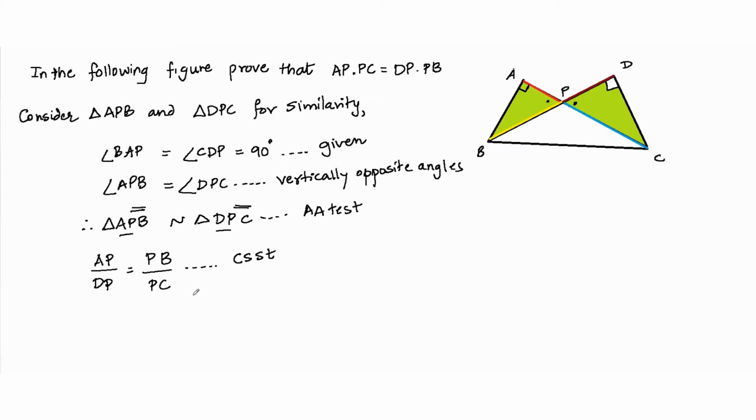Based on what the question demands, you will have to choose the right combination of the ratios that you should pick. Now cross multiplying, I get AP multiplied by PC is equal to PB multiplied by DP. And this was what I was asked to prove, and therefore hence proved.